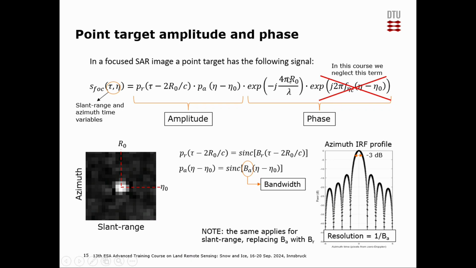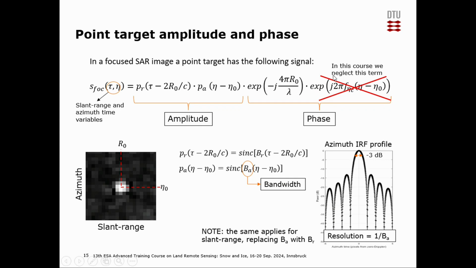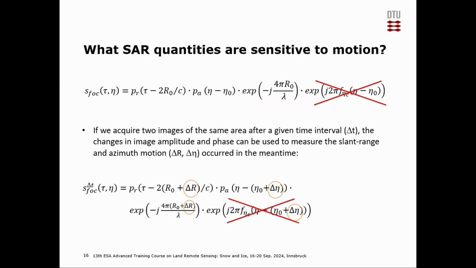We also have the phase term we discussed before. So when we focus our image, we have a phase term which is proportional to the slant range, the distance of closest approach, and the radar wavelength appears here as well. We also have another term which depends on the so-called squint, so on the physical pointing of the antenna. In this course, we're going to neglect this term, although it can also be exploited to measure motion.